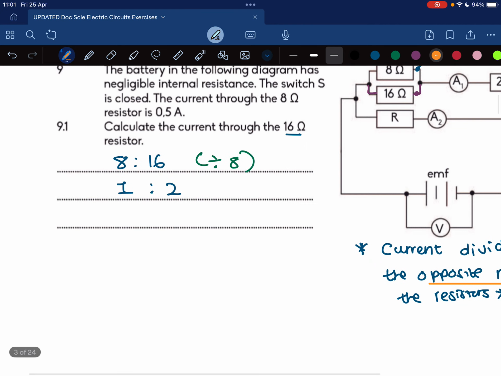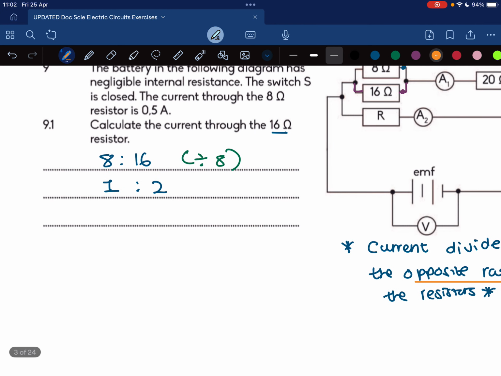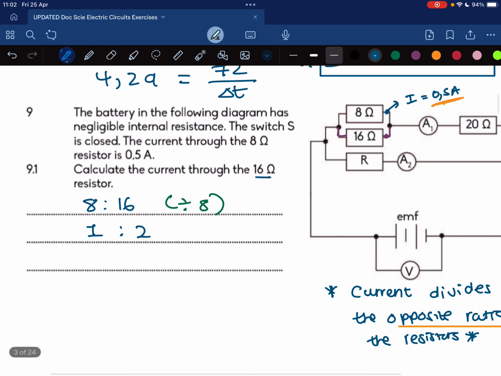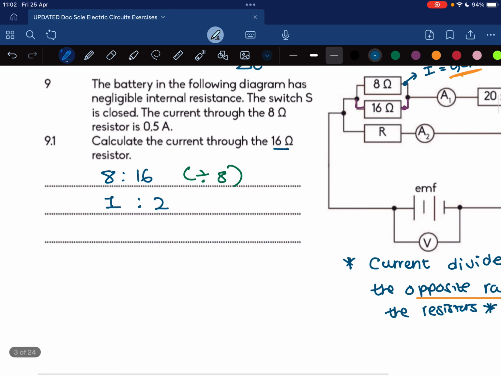But it doesn't work like that, because it is the opposite ratio. So it is actually half of what is going through the 8 ohm resistor. So the current that goes through the 16 ohm resistor is going to be equal to 0.5 divided by 2, which is going to be equal to 0.25 amps.